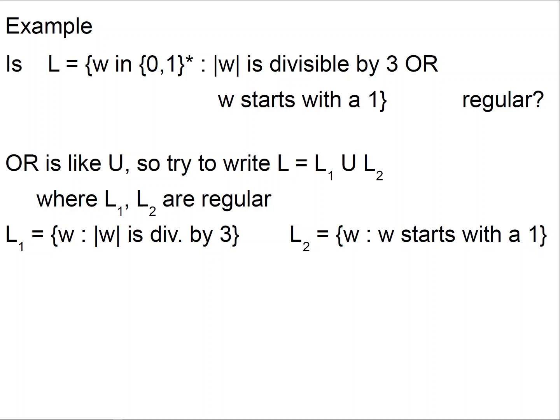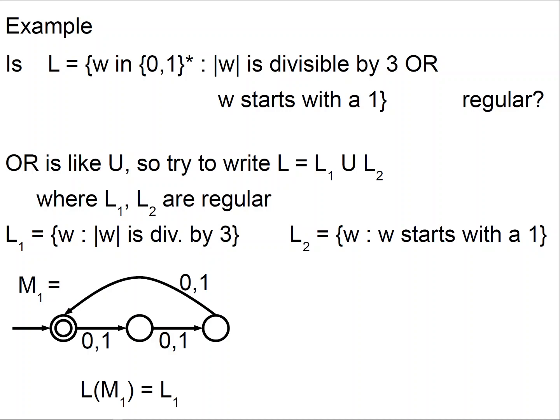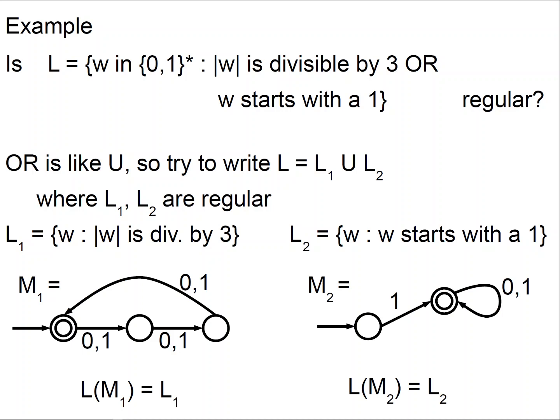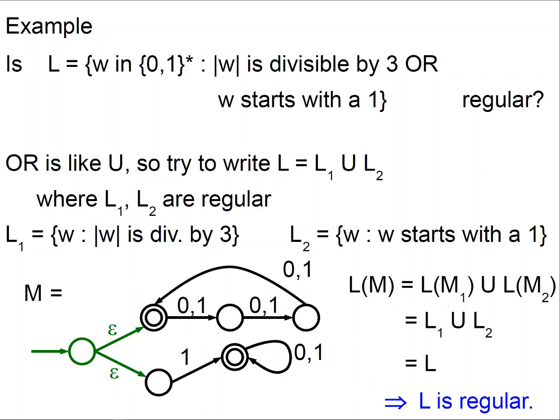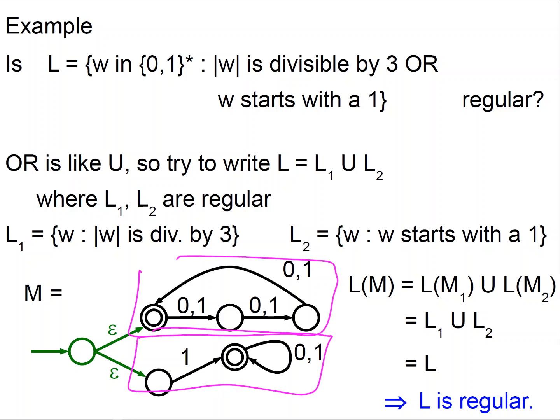So here is L1 and here is L2. Divisible by 3 in length is this, it's just a loop of length 3. And starting with a 1 is this DFA here. So we can now use the closure under union to get an NFA for L, which is just the DFA for L1 and the DFA for L2, and then I add this new state with the epsilon transitions. So L is regular.